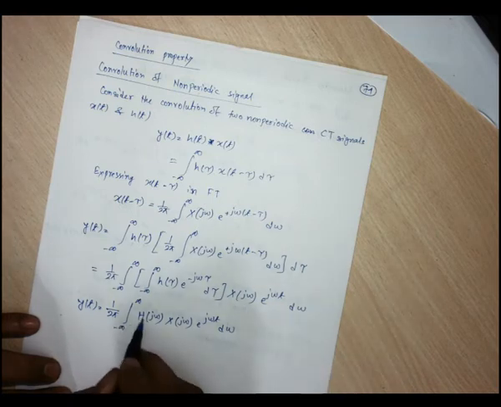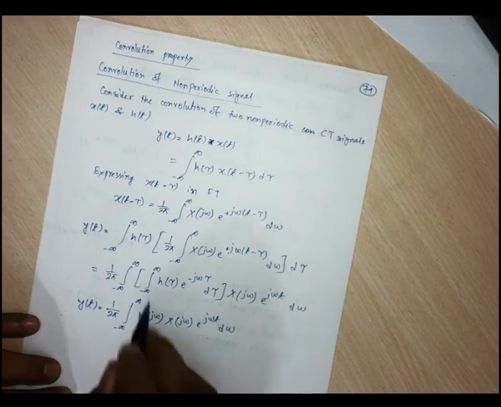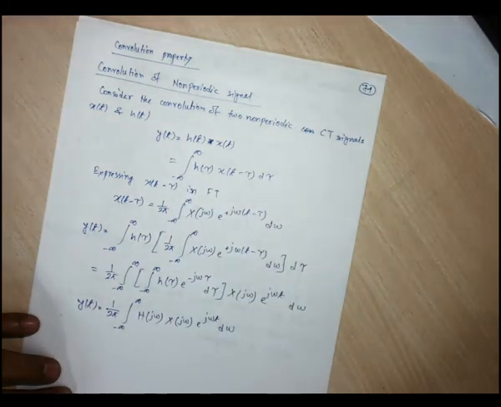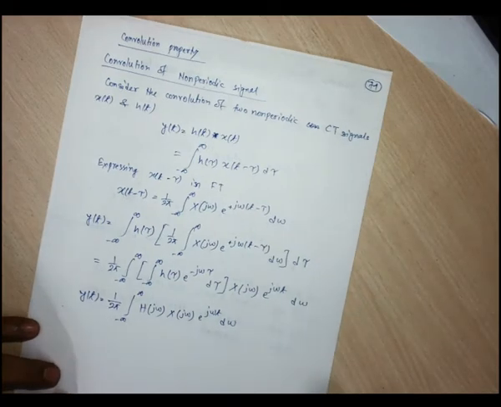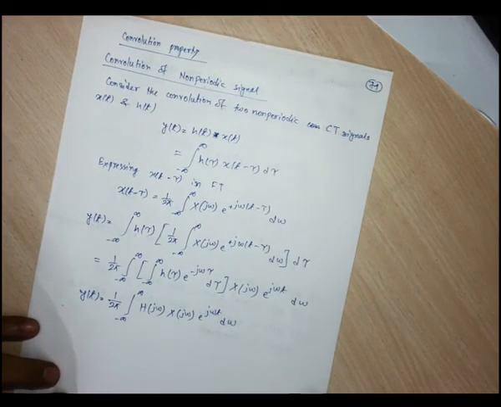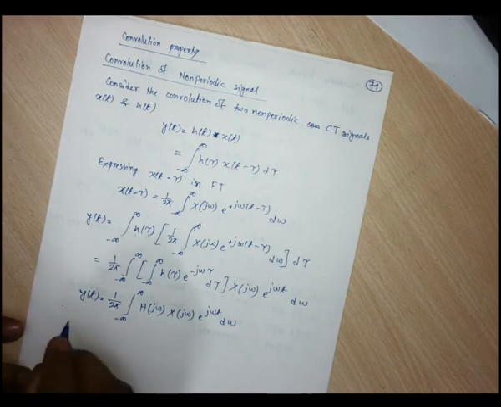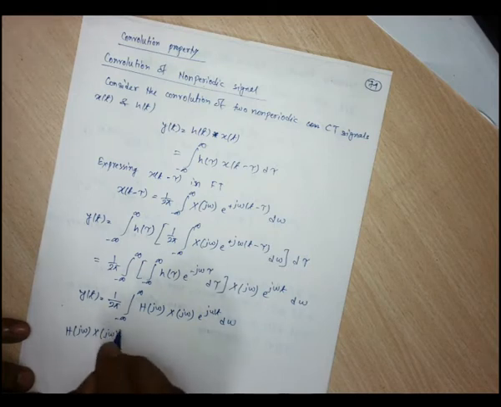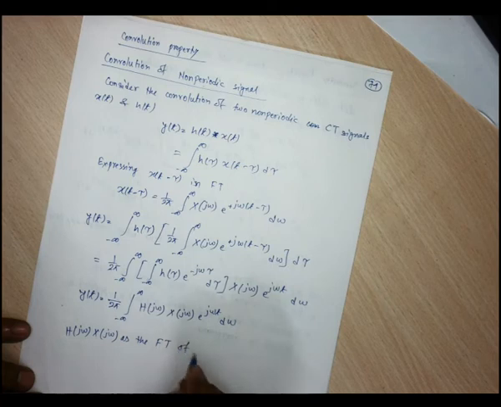So what we can say is that h of j omega multiplied with x of j omega is the Fourier transform of y of t.